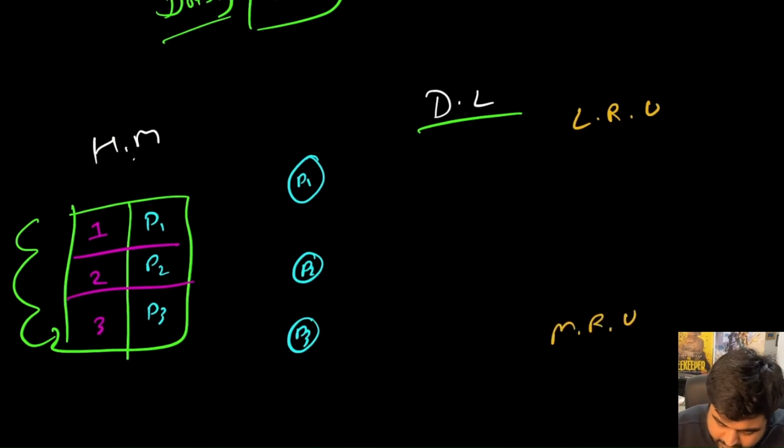Now the very first item we have in the least recently used is going to be pointer 1 or the value 1 or the node 1. You can think of all of these things together. So basically value 1 and 1. Same way, second is going to be P2, basically value number 2 and 2. And third one is going to be pointer 3, that is going to be 3 and 3.